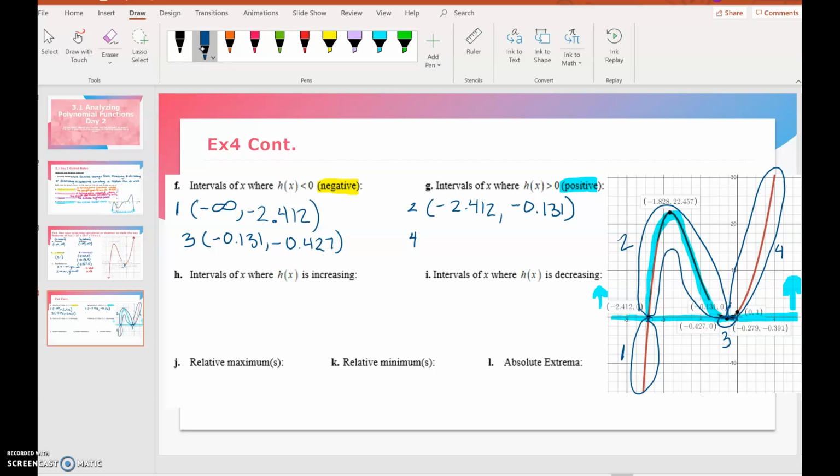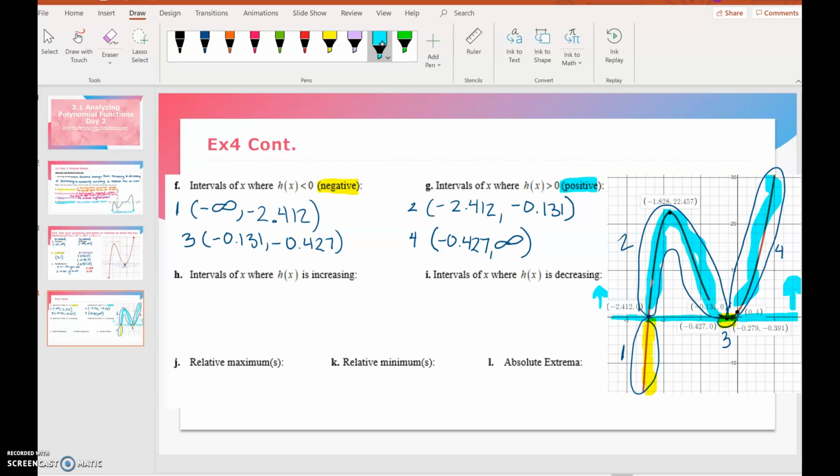So we took our graph and separated it into 4 pieces. And so now this goes from where we ended here, negative 0.427, all the way to positive infinity. So that's where each piece represents each part of the graph. So these two, 1 and 3, were our negative pieces of the graph. And then these 2 pieces were our positive part of the graph.